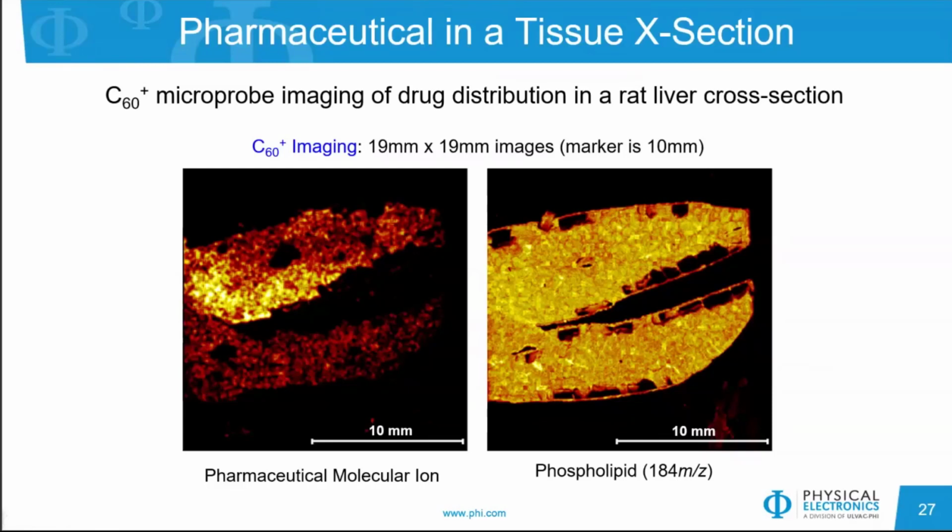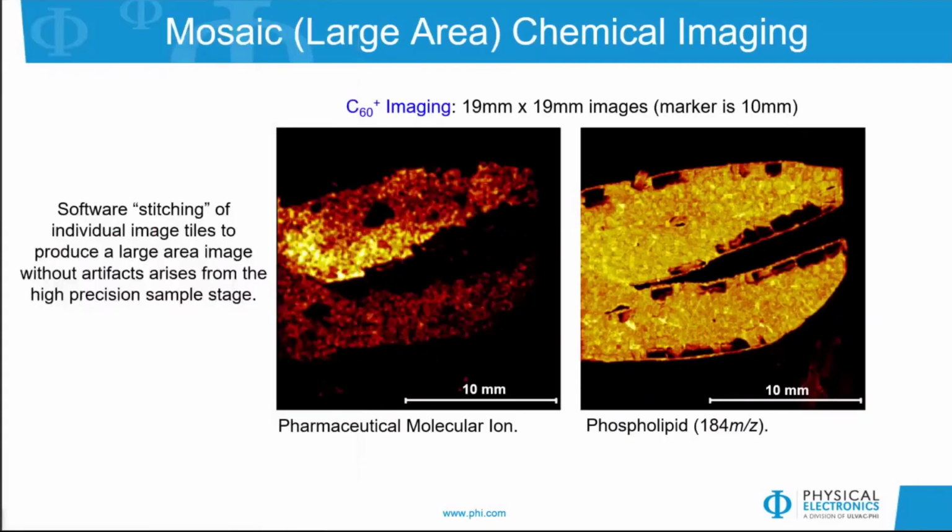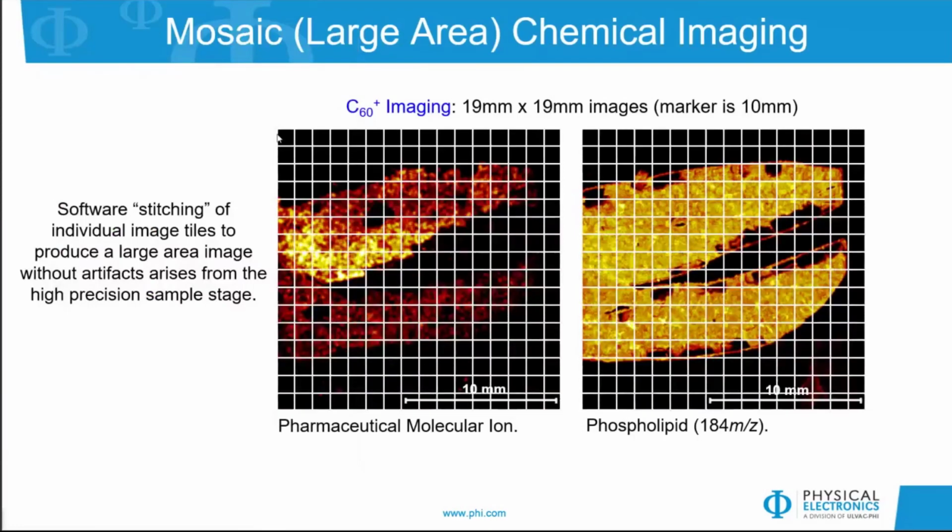the area of it. One thing to note here is this is a rather large image, 19 millimeters, which is rather large compared to most images, which are acquired with hundreds of microns. How that's accomplished with TOF-SIMS is with mosaic mapping. The sample collects a field of view roughly anywhere from a couple hundred microns to 600 microns, and then the sample moves underneath the ion beam to a new area and performs an analysis.